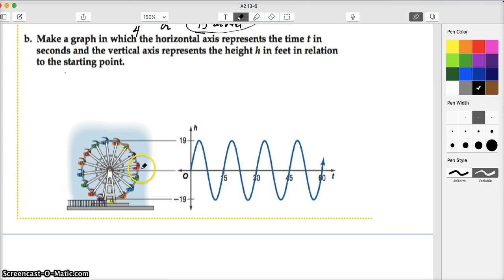So if you were seated on, let's say, this blue seat, then you would begin at, in a sense, 0. Remember, the diameter was 38. So your height would oscillate between plus or minus 19 feet, right, if you're starting in the center. So you get the full spectrum of the 38 feet.